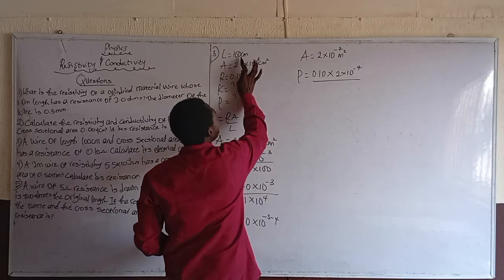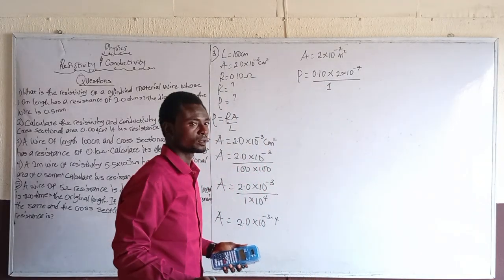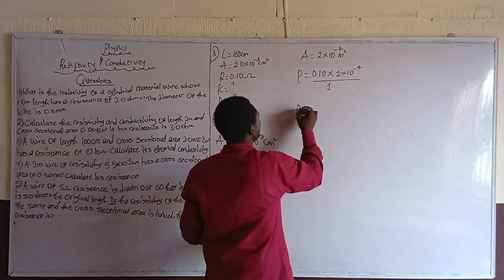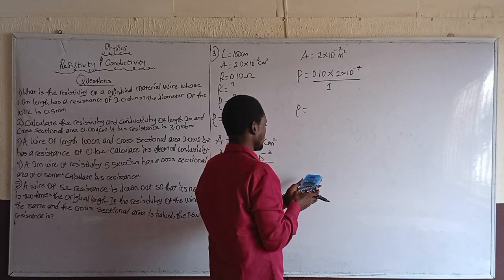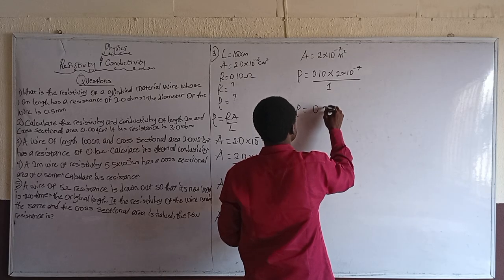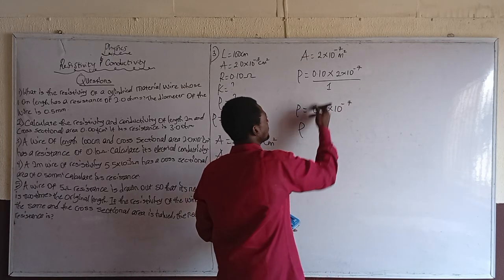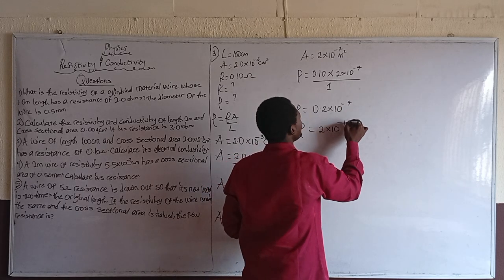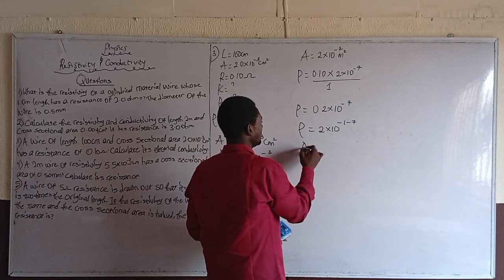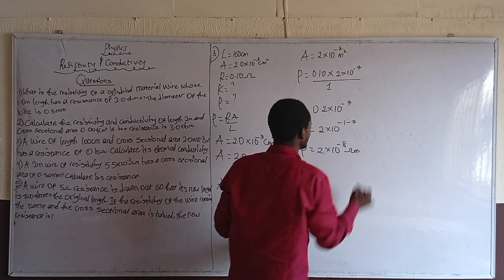So if I divide this by 100, I have 1 meter. So resistivity is 0.10 multiplied by 2, that is 0.2 times 10 raised to the power minus 7. In standard form, that is 2 times 10 raised to the power minus 1 minus 7. Resistivity is 2 times 10 raised to the power minus 8 ohms meter.